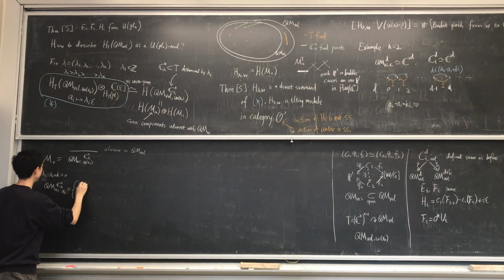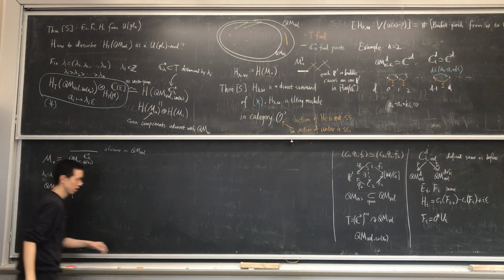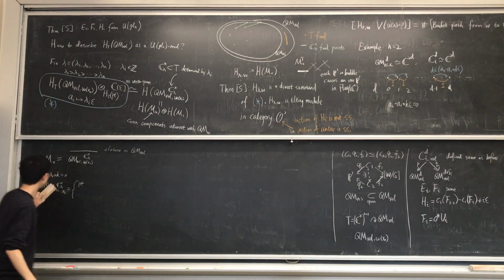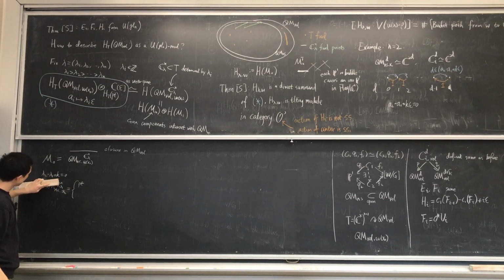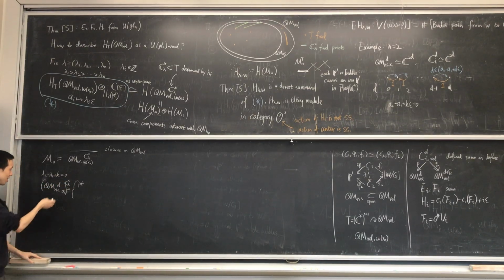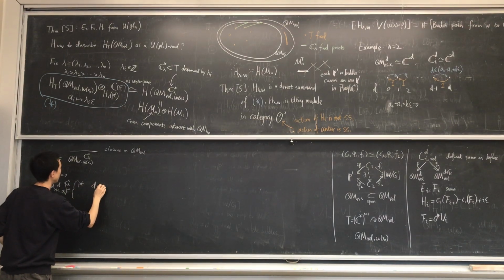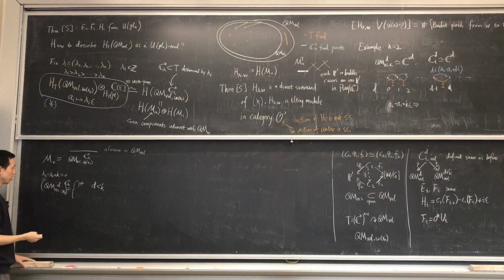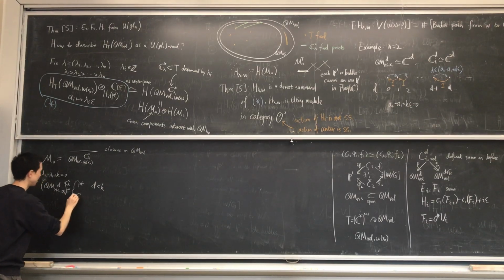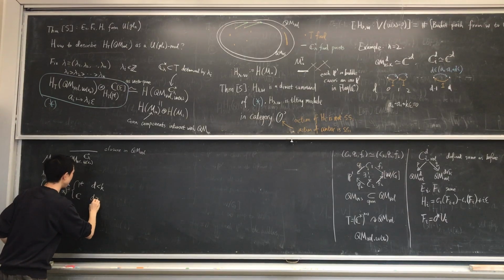Either it is a point when the degree d is smaller than k, or it becomes C, a complex line, when the degree is greater than or equal to k.